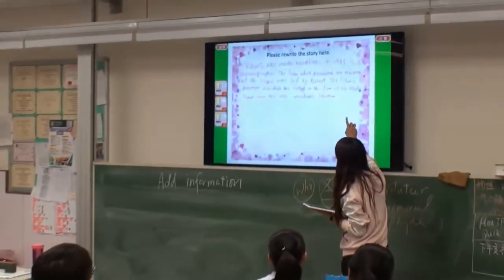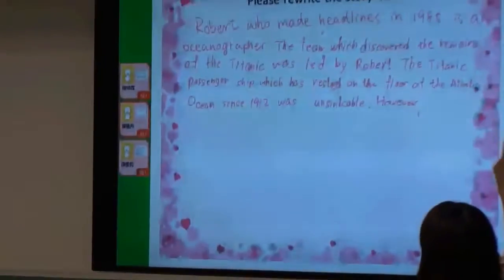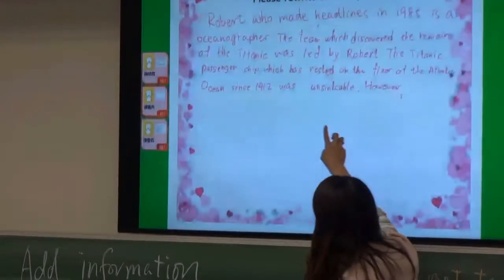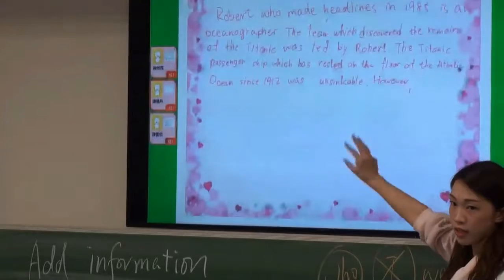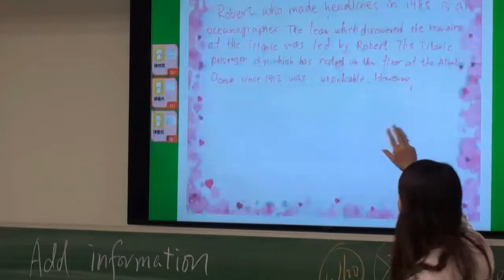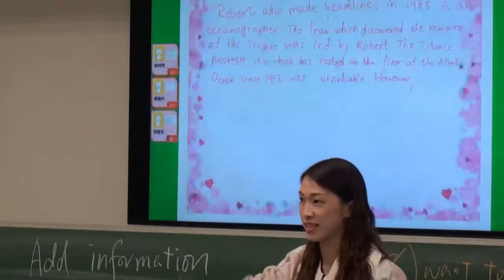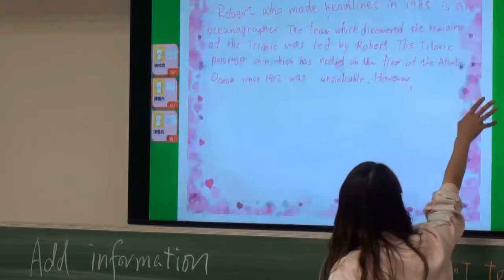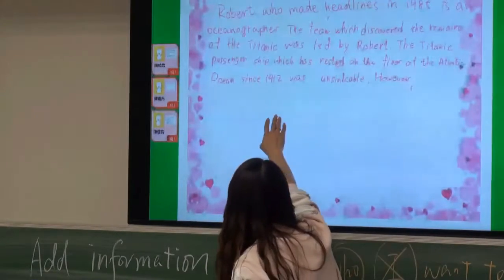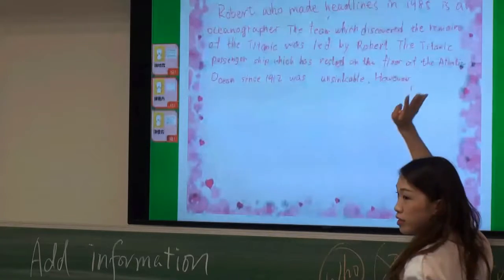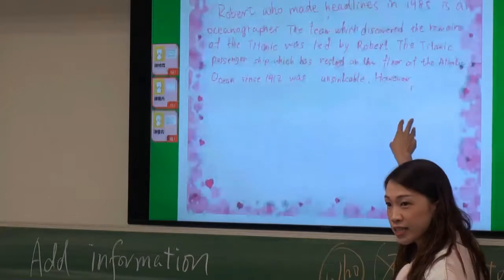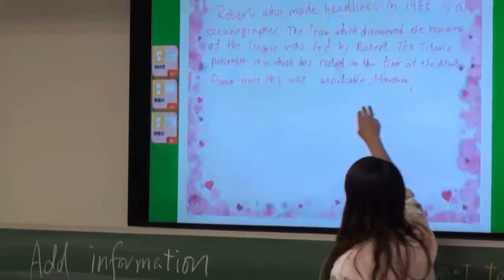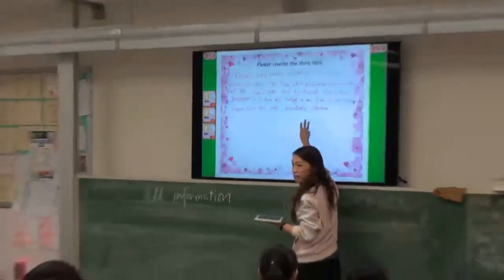Robert, who made headlines in 1985, is an oceanographer. Okay? Everyone agree? Okay, and then the rest are very messy now. Okay, the team which discovered the remains of the Titanic was led by Robert. I like this sentence very much because they changed it into passive.